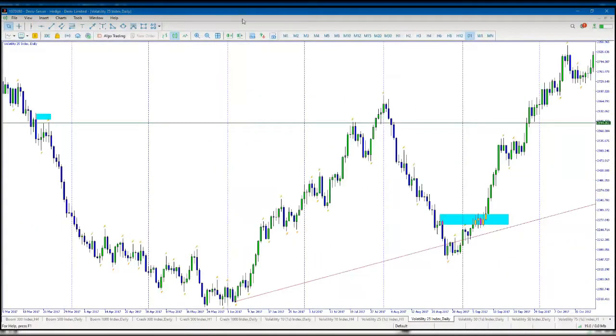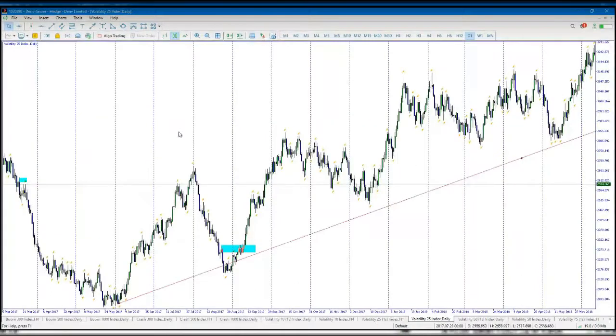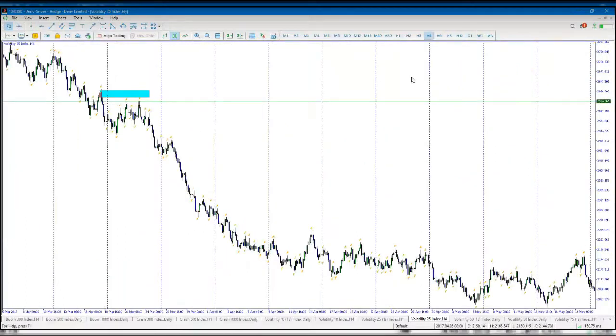So this is daily, guys. Let me go to H4 for a clearer perspective. So we'll see price. This happens to be the origin of the price movement.